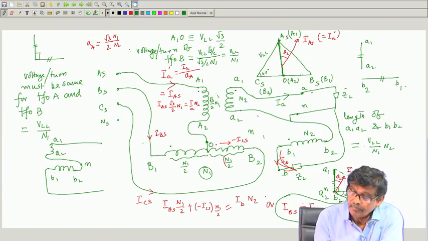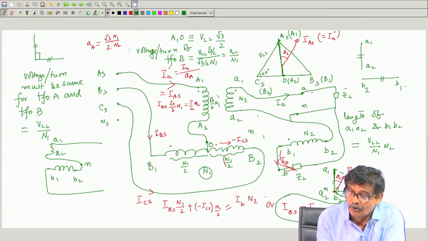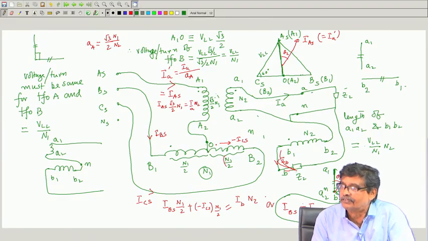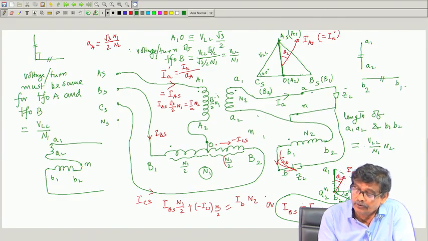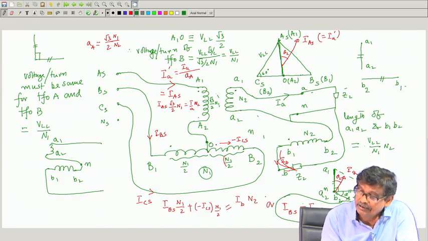So write the MMF equation here. What is the current coming out through the dot? I_A. What will be the current coming in through the dot? It is I_AS, it has to be. These two MMFs are the same, because they will nullify the flux. That is the first equation: I_AS into root 3 by 2 into N1 is equal to I_A into N2.